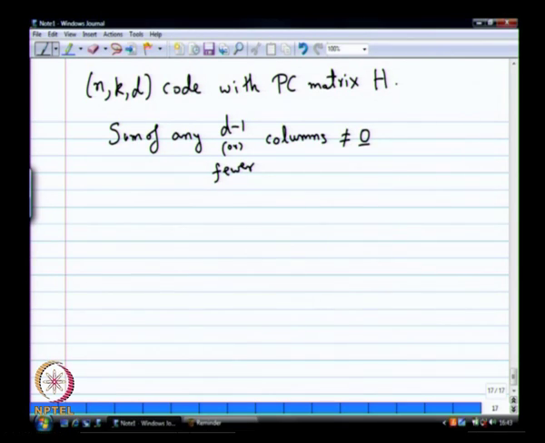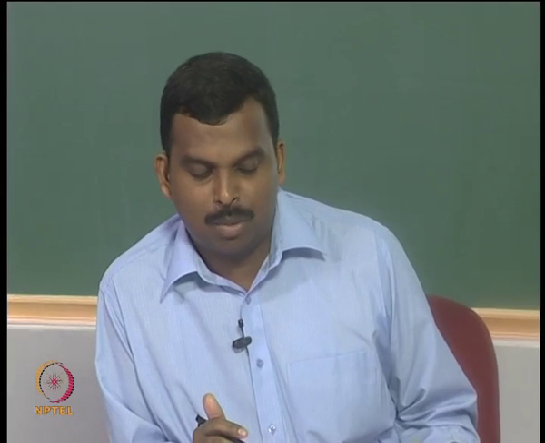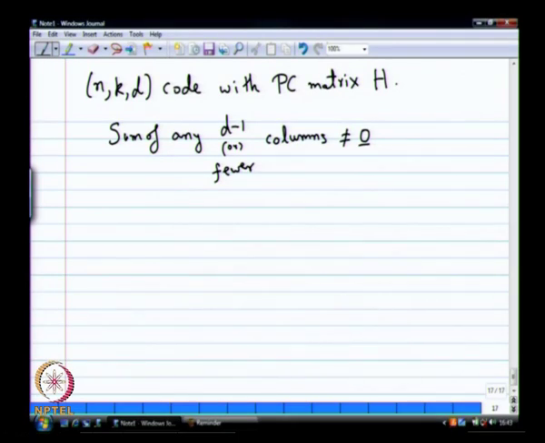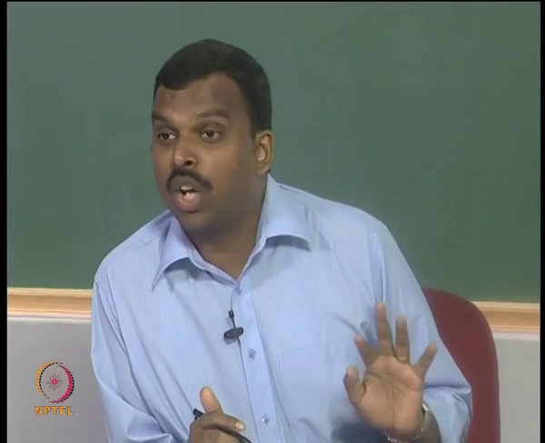That is another way of restating the same question. What does this mean if the sum of any d minus 1 or fewer columns is not equal to 0? It means the minimum distance is greater than or equal to d.